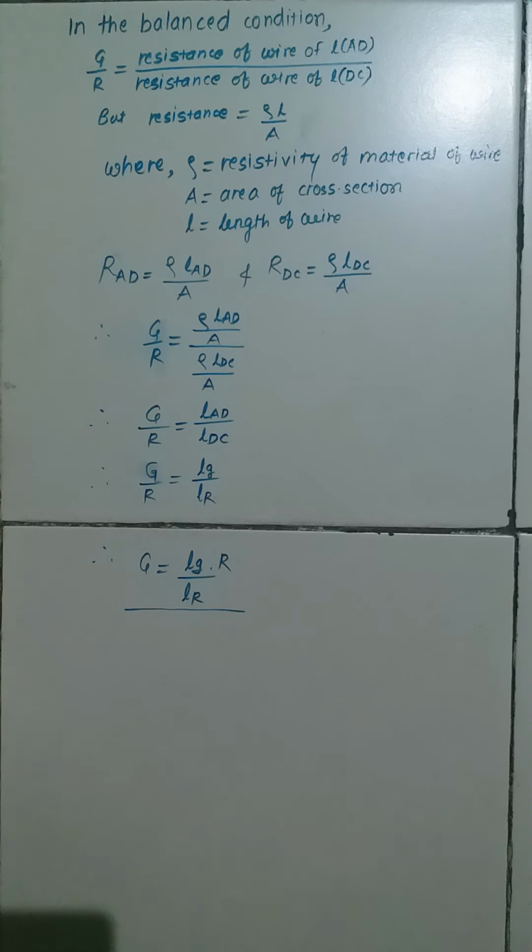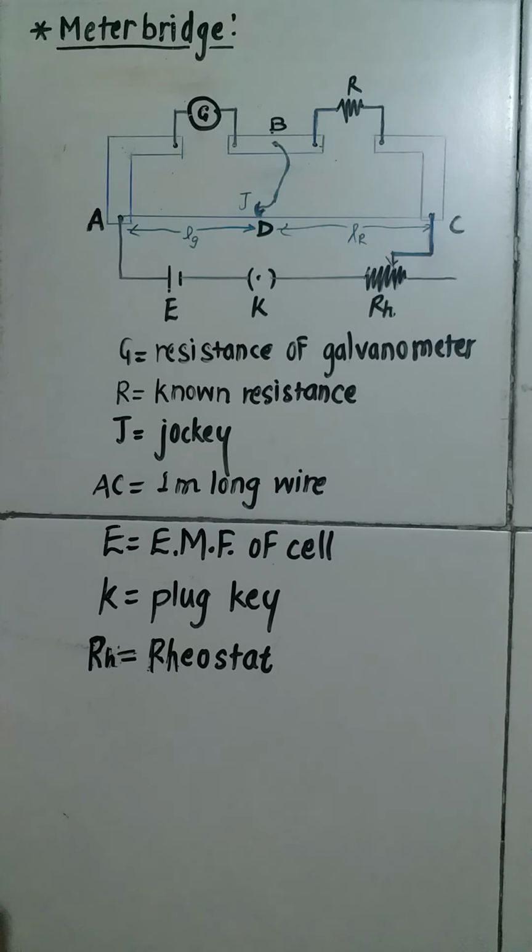Now let us see possible errors. First, the wire may not be uniform. If the meter bridge wire AC is not uniform, then resistance is not directly proportional to L, null deflection is not obtained at the proper point, and error will be introduced in the measurement of resistance of the galvanometer. Second error is that contact resistances may develop. See, these strips are connected with the galvanometer, resistance and meter bridge wire, so at points of contact resistance may develop, and because of that error may be introduced in the measurement.